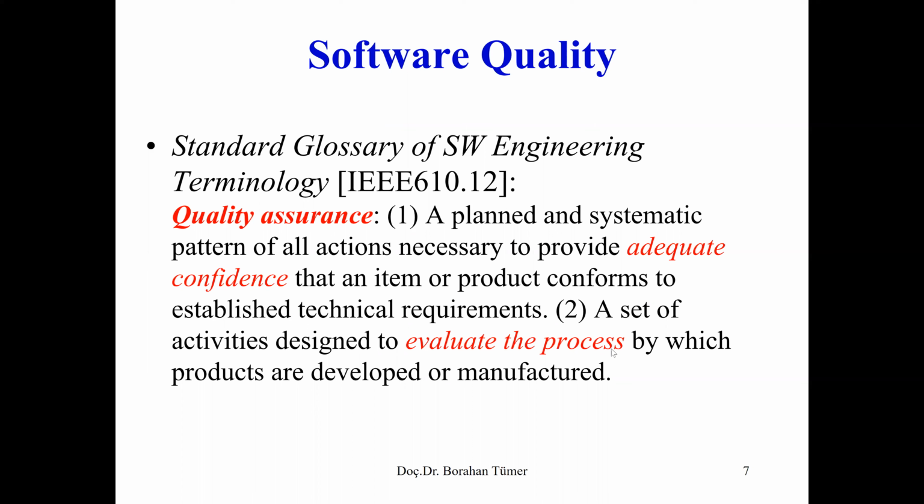The second point is a set of activities designed to evaluate the process by which products are developed or manufactured. Here, at the second point of quality assurance, it describes another set of actions where the development and manufacturing process of the software product is evaluated.